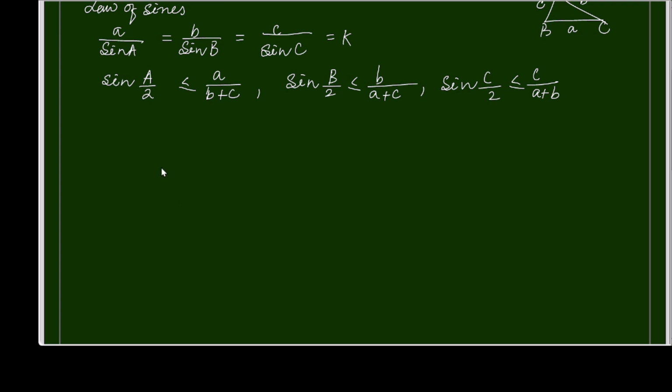To prove sine half A is less than or equal to this, I am taking the right hand side, that is a over b plus c.